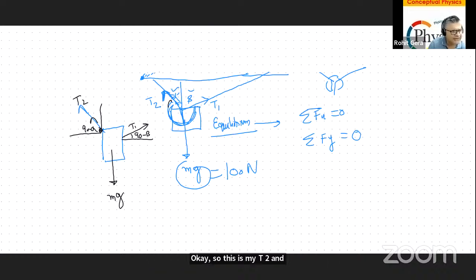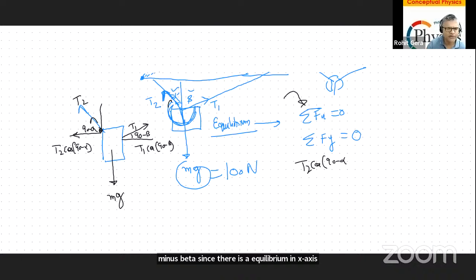So this is the T2 base. I'm looking at the x-axis forces: T2 cos of 90 minus alpha, and T1 cos of 90 minus beta. Since there is equilibrium on the x-axis, T2 cos of 90 minus alpha in magnitude will be equal to T1 cos of 90 minus beta, which means T2 sin alpha is equal to T1 sin beta.